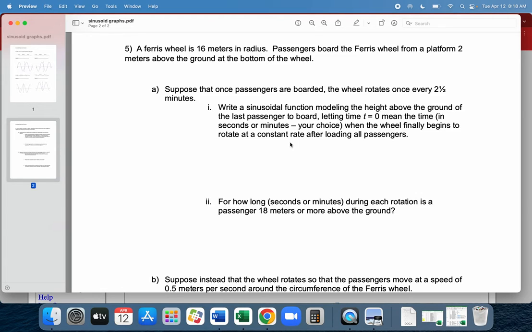The wheel rotates once every 2.5 minutes. Here's 2.5 minutes. So it's not angles I'm putting in, it's minutes. By the time 2.5 minutes have gone by, I'm going to be back to 2 meters high. Halfway in the middle, I'd be up at 34. And halfway between those, I'd be at this 18. It's not a V shape, it's a curve.